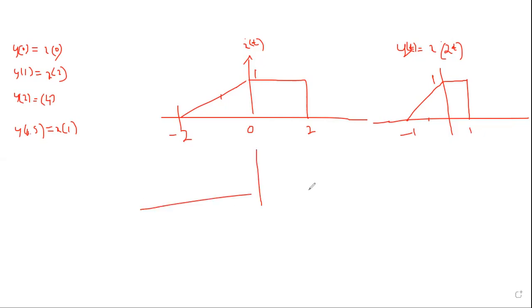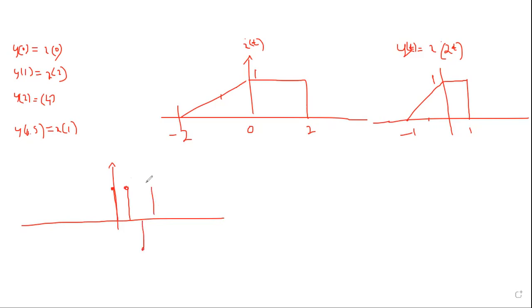Let me do the discrete time case. Say I have a signal x of n with values 1, 1, -1, 1, 1, 1, -1, something like this.